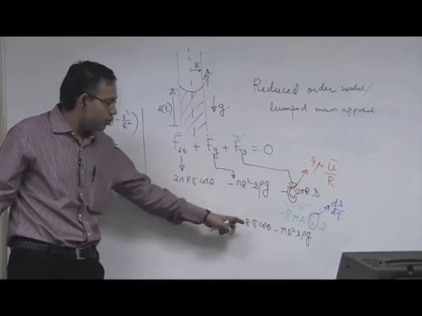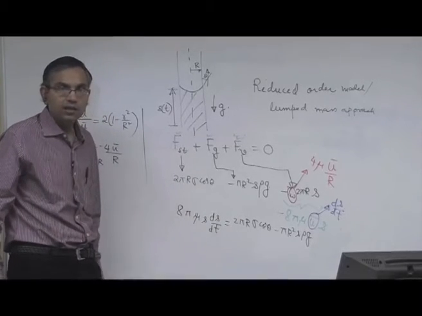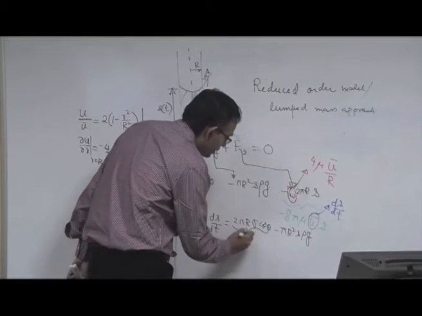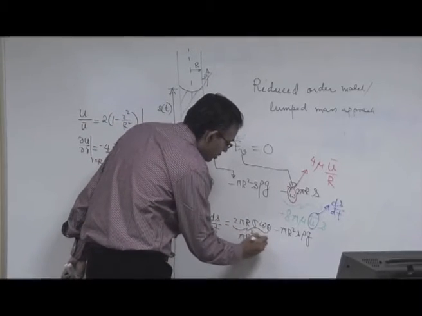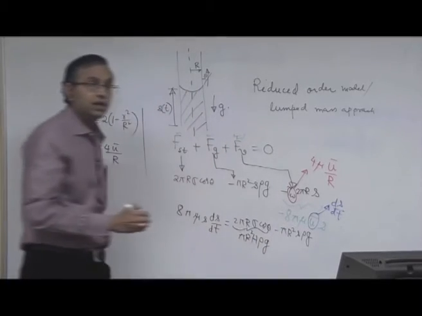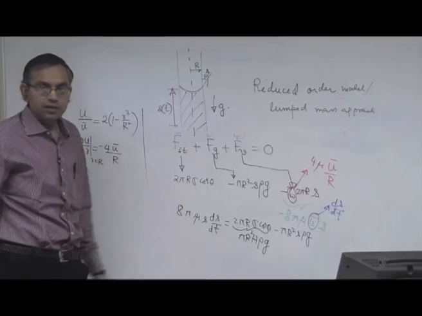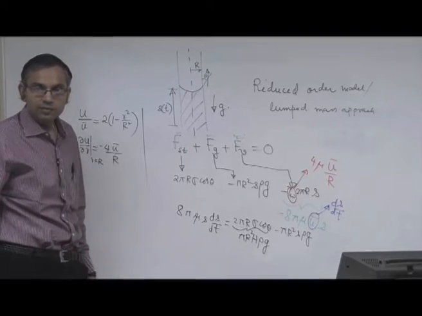And in place of 2 pi r sigma cos theta, what can we write? This is as good as pi r square H rho g, where this capital H is the static equilibrium height or the capillary rise.